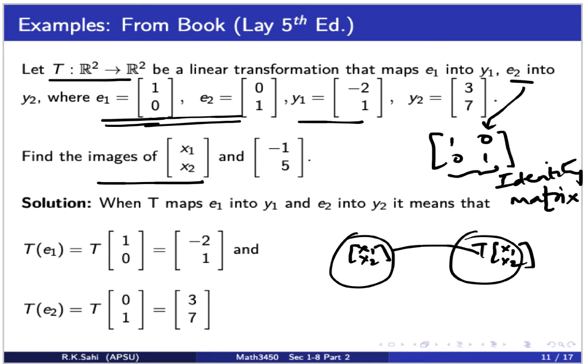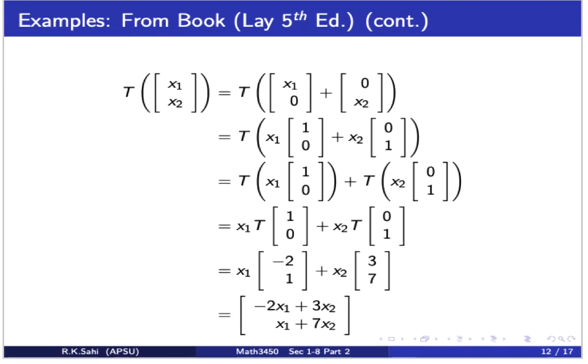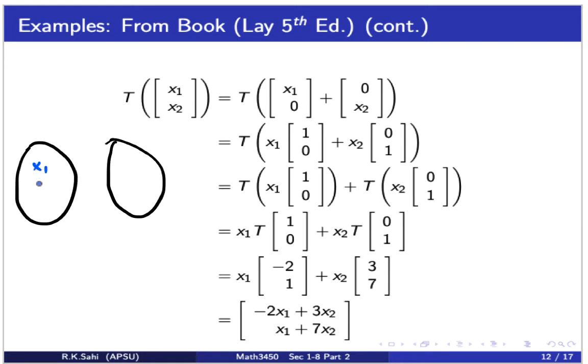So let's go back here and solve it slowly. T of x1 and x2, remember this one, guys. Here is my transformation. I have an element x1 and x2, and when T acts upon it, I get the element T of x1, x2.